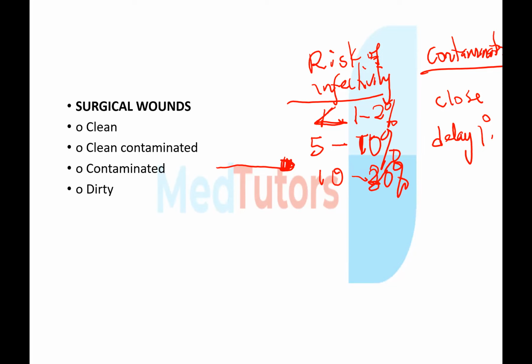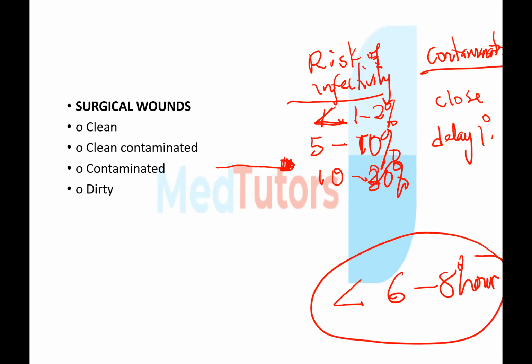If this is following trauma and is within the golden hours, let's say 6 to 8 hours of presentation, the wound is dirty but he presents within the golden hours, you just debride the wound, clean it, remove all the devitalized tissue, and you can close primarily.